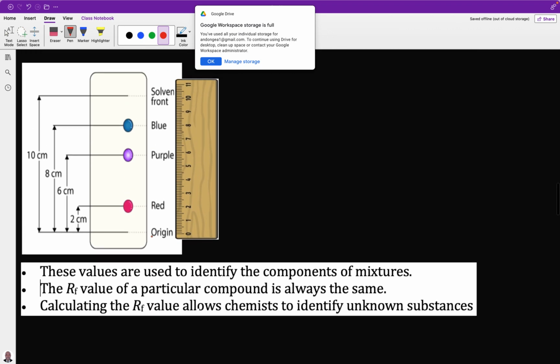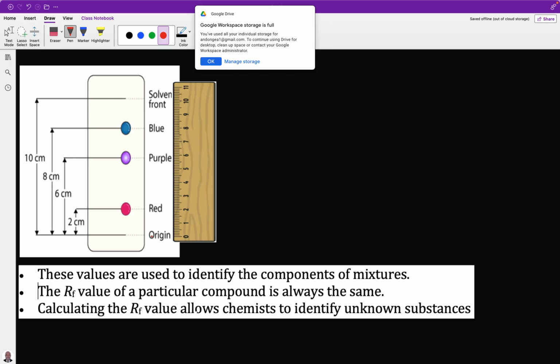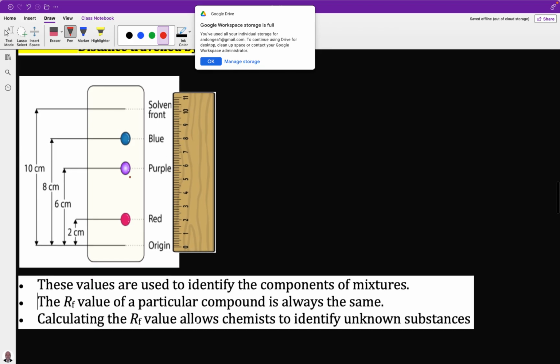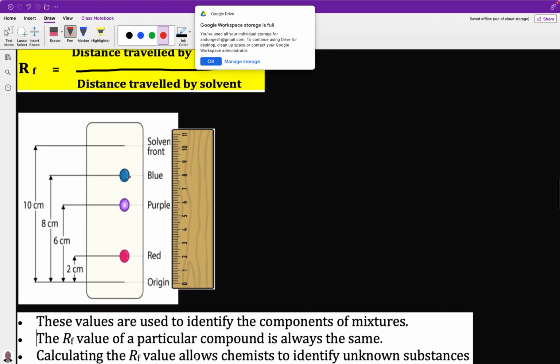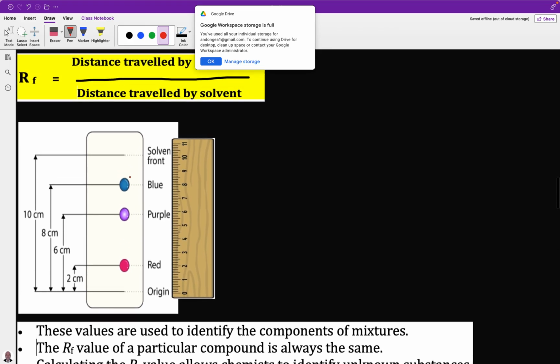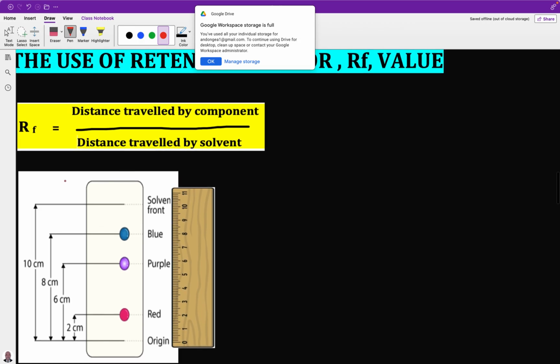You should know that the different components or the different impurities present in the mixture are identified by their RF value, and this is through the distance that they have traveled up the chromatography paper. If you are asked to define RF, what is RF?